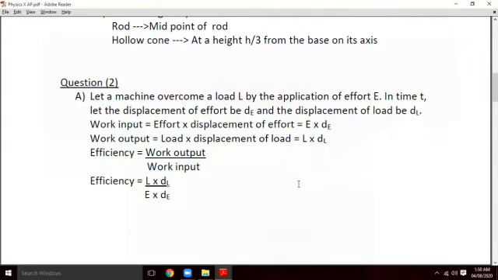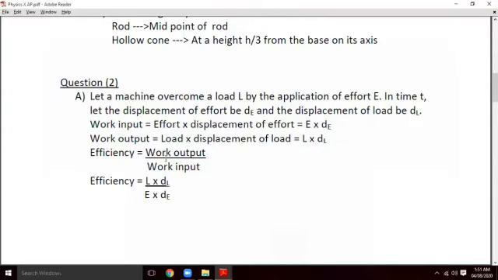If a machine has overcome a load L by applying an effort E in time t, if the displacement of effort is dE and the displacement of load is dL, then the work input, my dear students, will be the effort into the displacement of effort, so that is E into dE. Work output is on the load, hence work output will be load into displacement of load, which is L into dL.